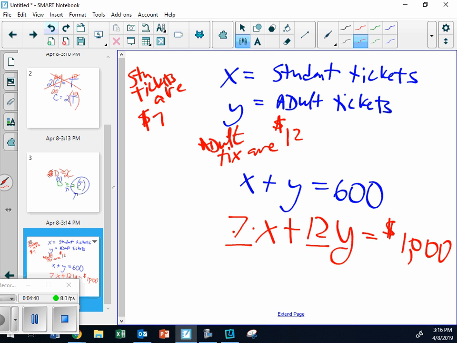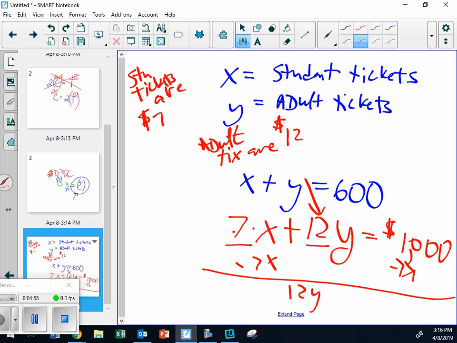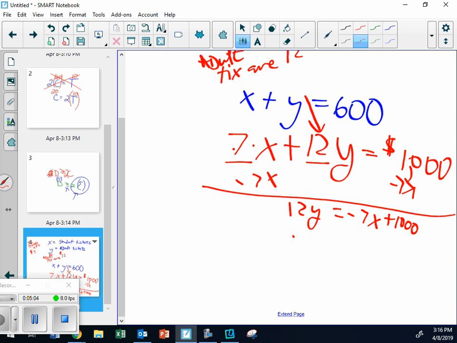All right, and then my best advice is always solve these things for y when you're going to graph them. So if you were going to solve this one for y, you'd take away 7x from both sides. And I get 12y is equal to negative 7x plus 1,000. And then I would divide both sides by 12.